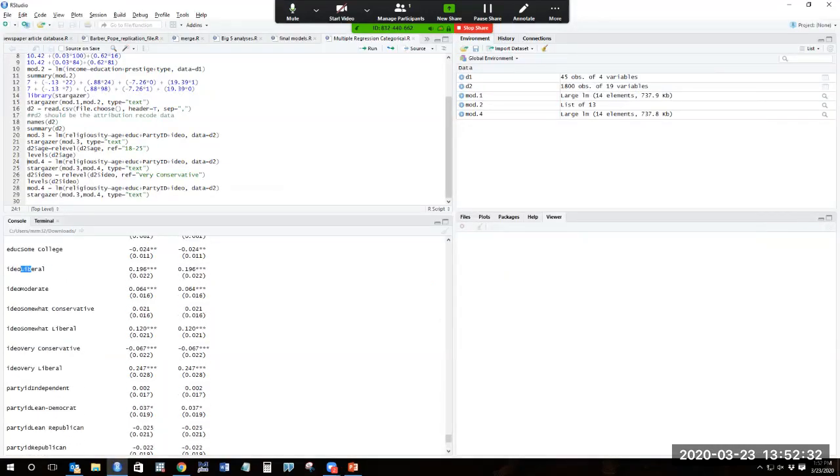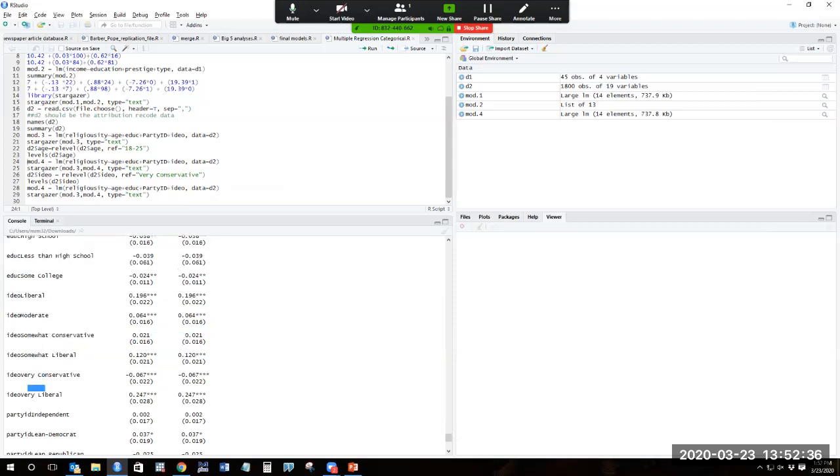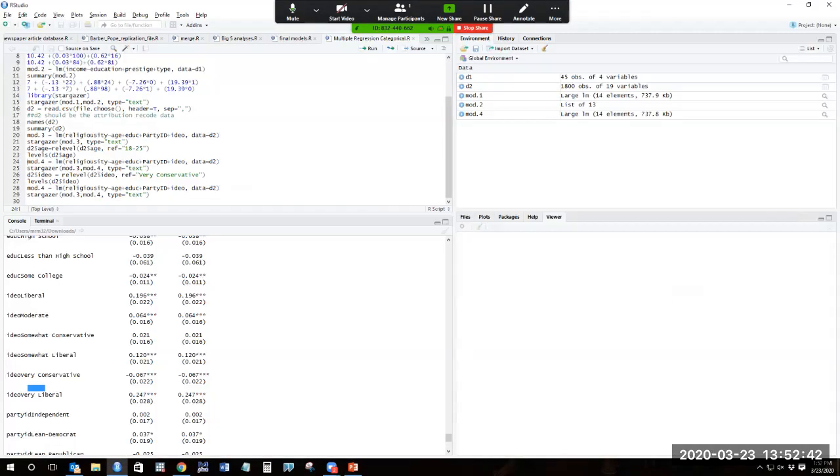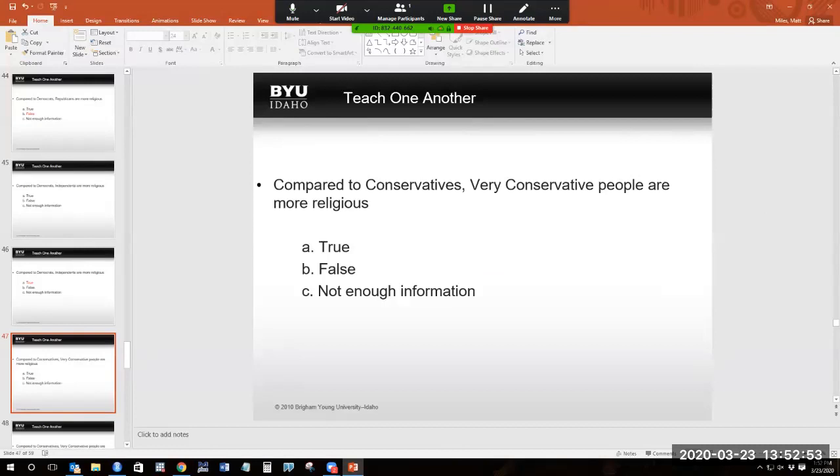Okay, I've got liberal, moderate, somewhat, very. So baseline is already conservative. Compared to conservatives, very conservative people are more religious. I've got stars, and it's negative. So very conservative people are more religious than conservatives. That's true.